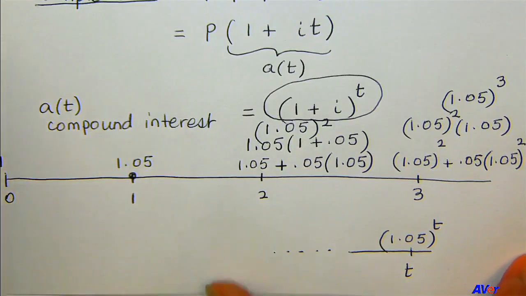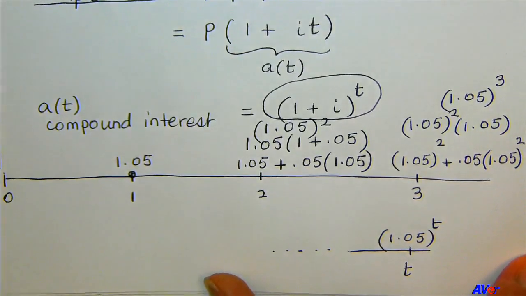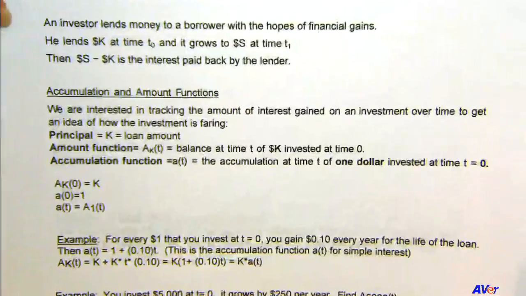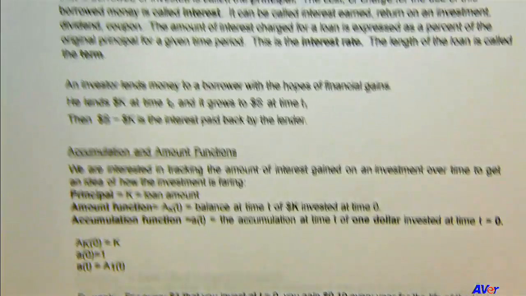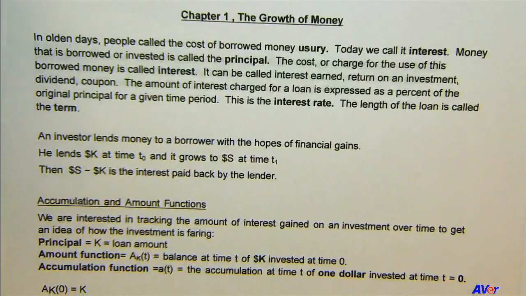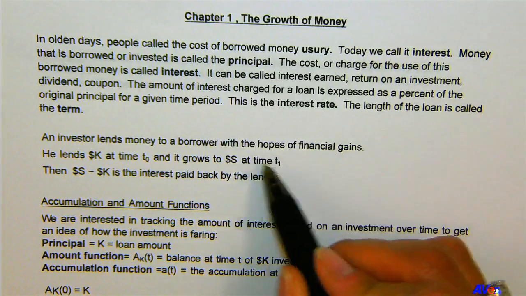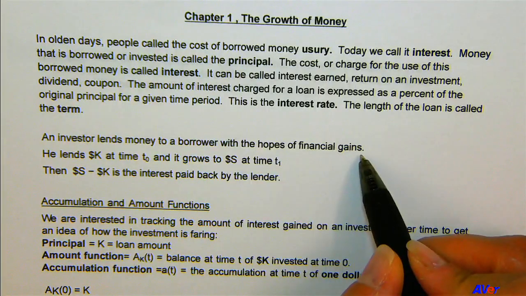Let's get back to the original notes that you were given. So I'm here on page 1. It says here, an investor lends money to a borrower with the hopes of financial gains.